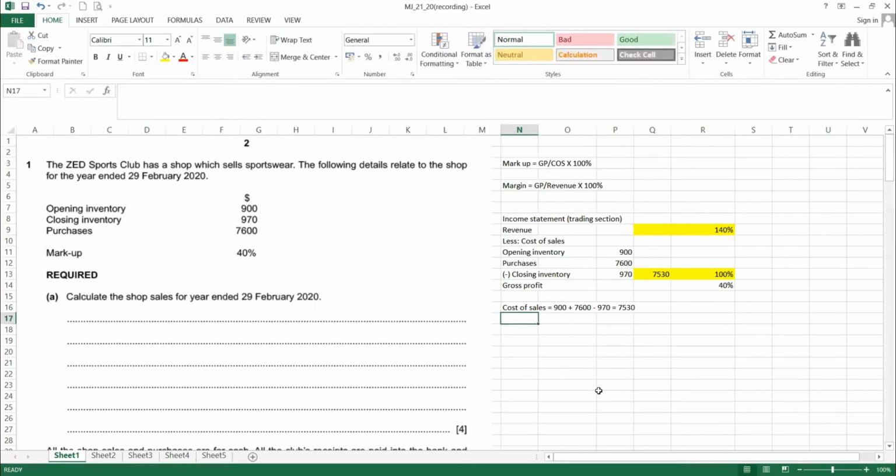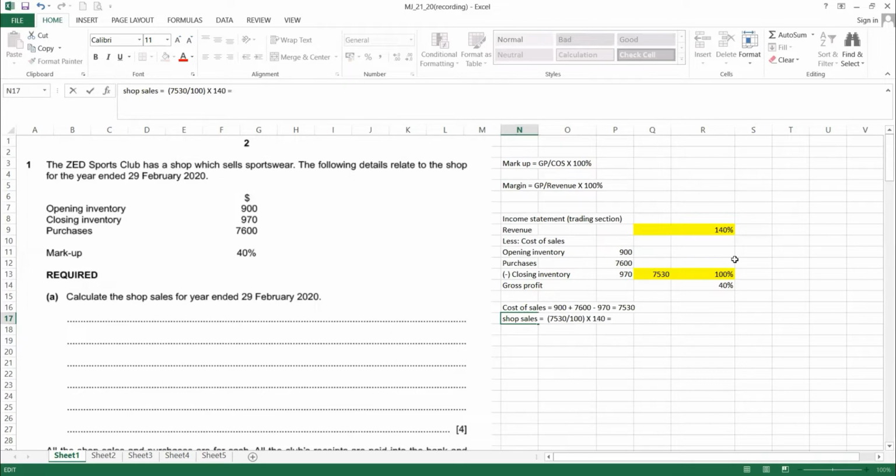Then after that, you say the shop sales equal, the formula telling us this is the amount that we need to find, and we know this is equal to 140%. Using the mathematical concept, we take 7,530 divided by 100% and then times 140%. So we will get the amount.